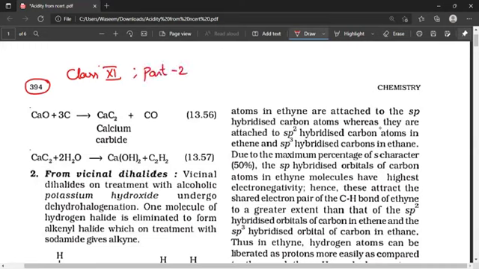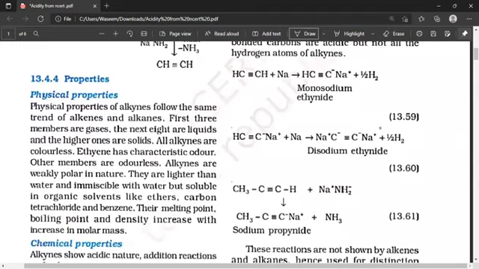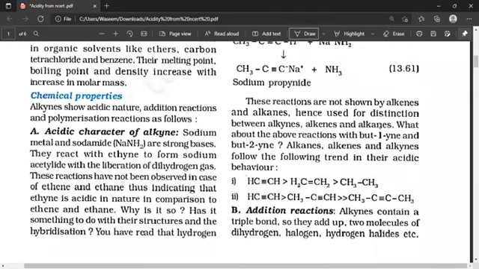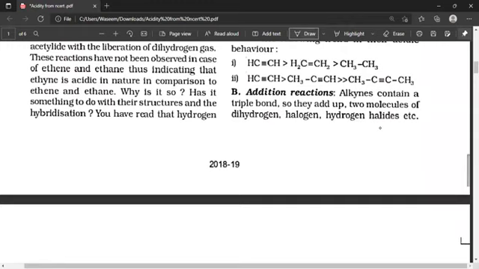First, acidity is mentioned in the alkynes chapter, sorry, in the chemical properties of alkynes, where it is clearly mentioned as the acidic character of alkynes. Why is alkyne acidity given here?